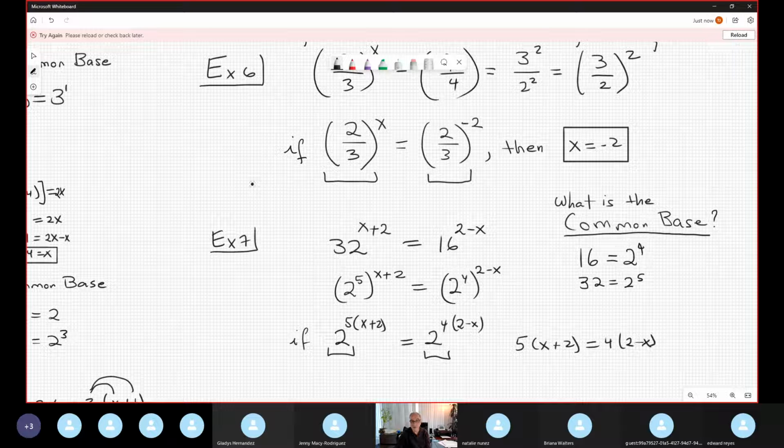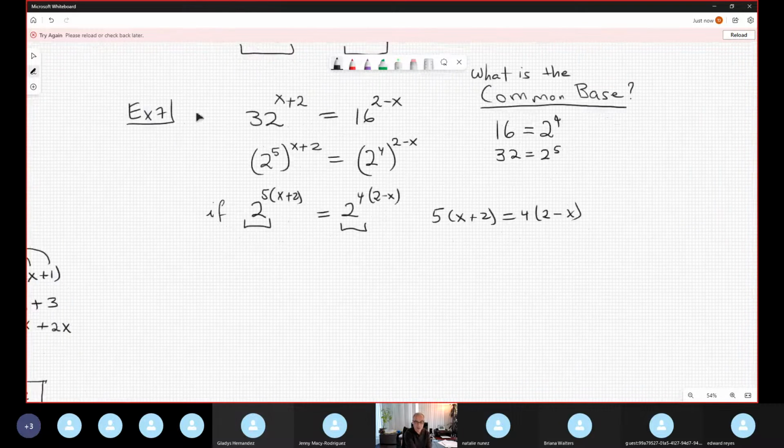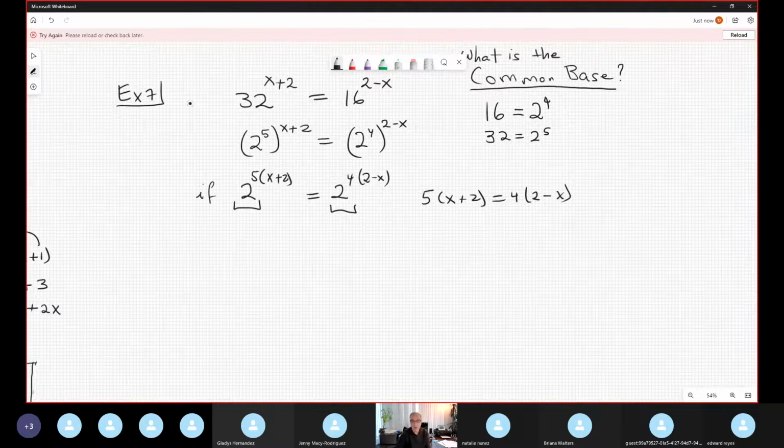Magically, using this procedure, you convert the exponential equation into a linear equation or quadratic equation, depending on the example. The most common is linear. So you apply the distributive property: 5x plus 10 equal 8 minus 4x.